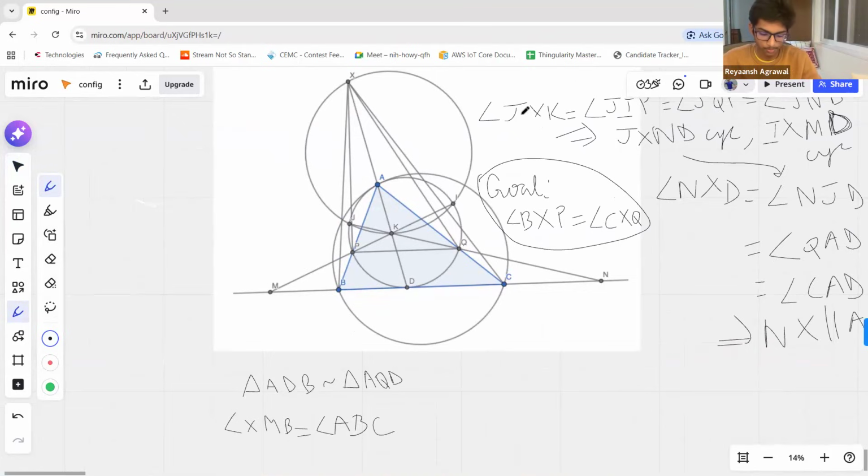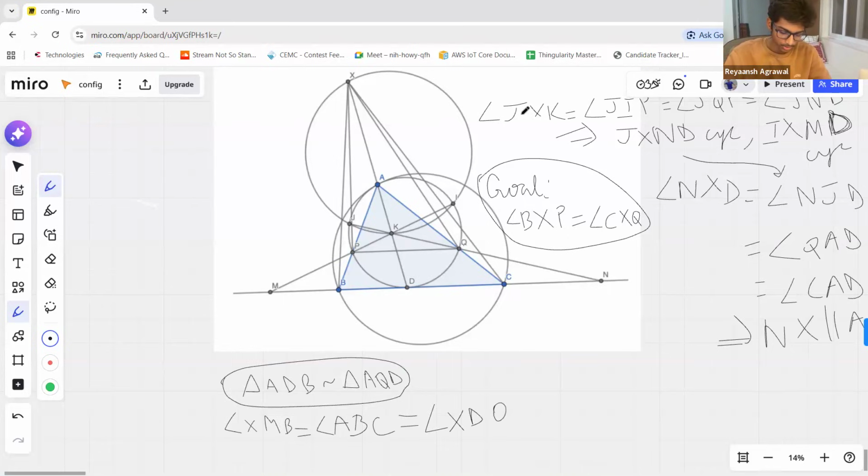Angle ABD would be equal to angle XDQ, right? So XMB is equal to XDQ. Do triangles XMB and XDQ look similar?